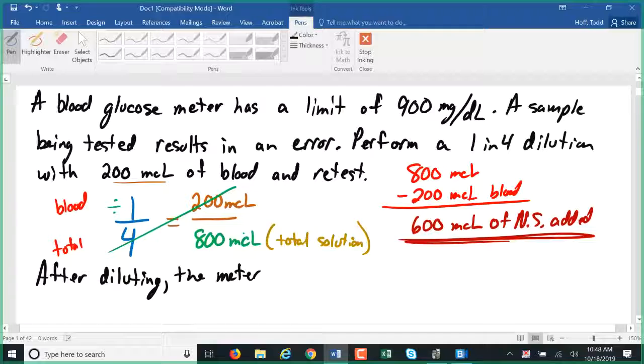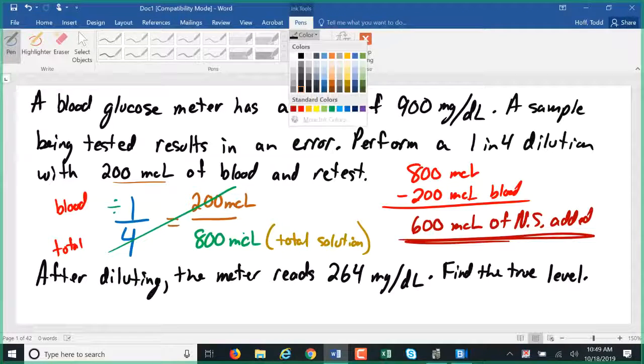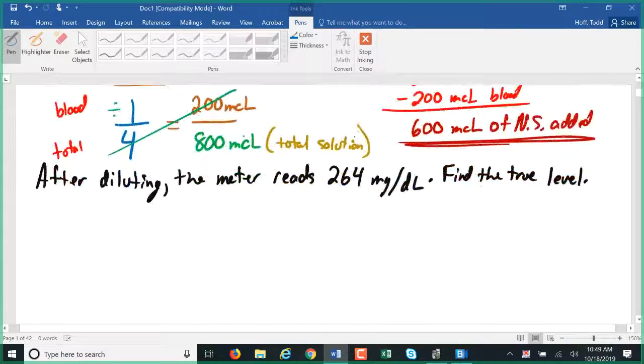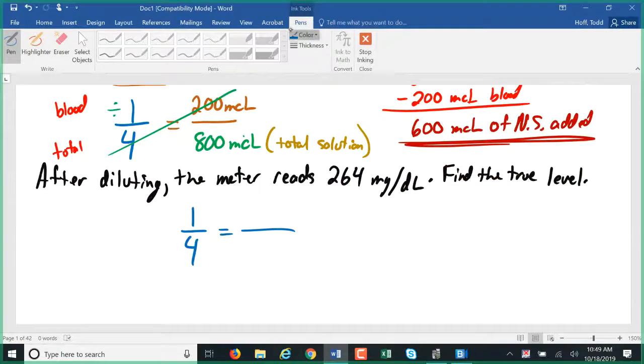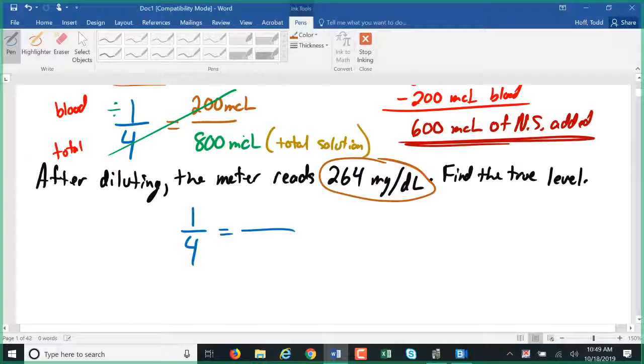After we dilute the sample, we retest. The meter reads 264 milligrams per deciliter. Find the true level. So we have that 1 in 4 dilution that we did. That's going to be important. What we tested here, the 264 milligrams per deciliter reading, was a diluted sample.